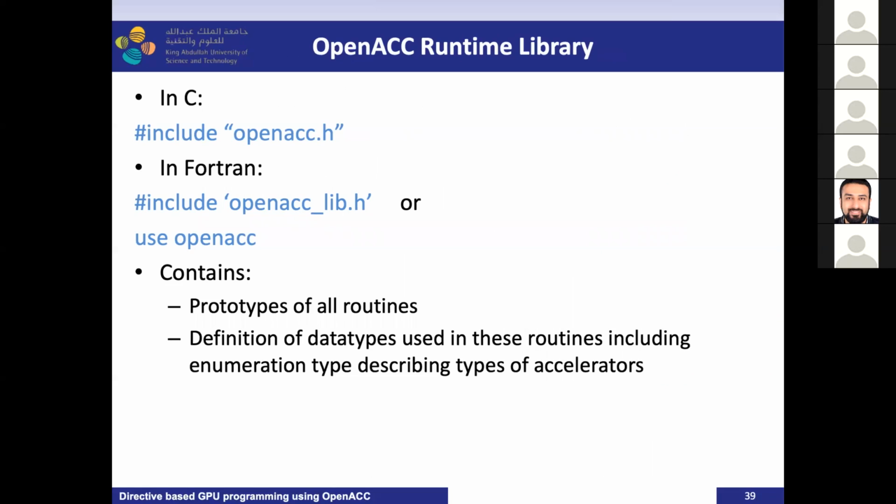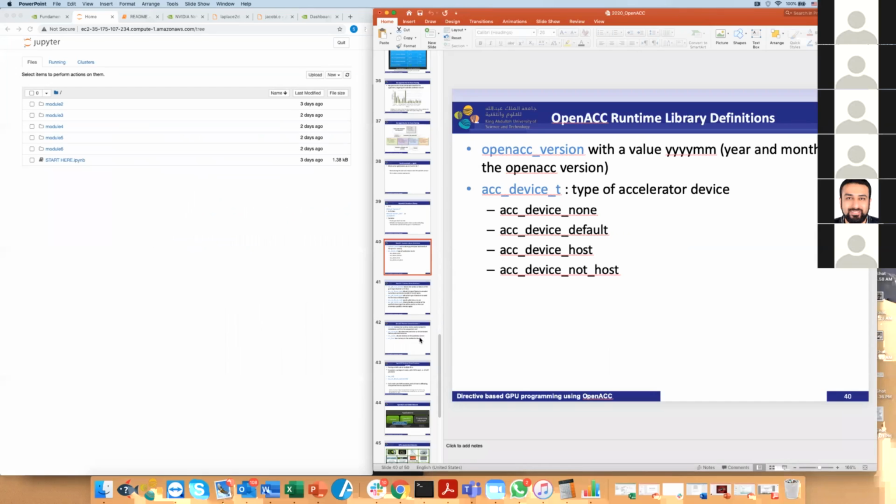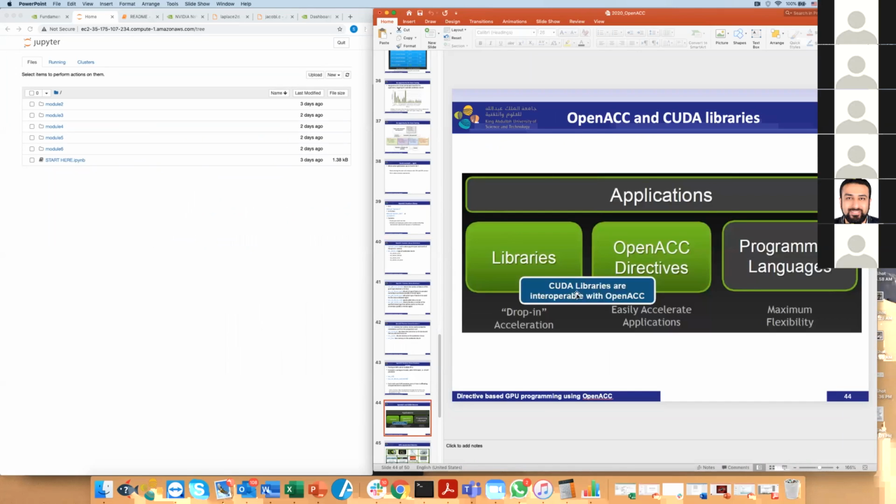If we have time, we can go over this runtime, which also helps us mix OpenACC with other models, such as libraries and so on. But I will skip that, and I suggest that everyone move on to the modules, and let's try to implement what we learned today in real life on real examples.